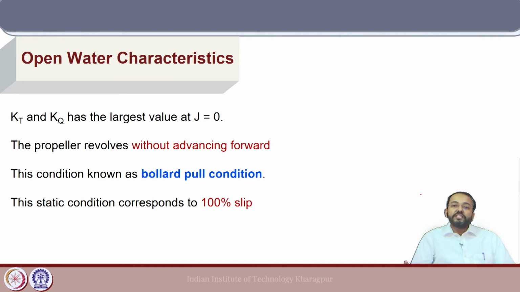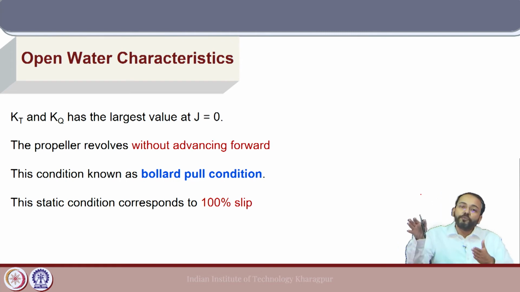For tugs which are used for towing duty, the Bollard pull is very important, where the tug or the boat is attached to a bollard which is on shore and the propeller is rotated at different RPM and the pull exerted on the tow rope is determined. Now, in this process what is happening?